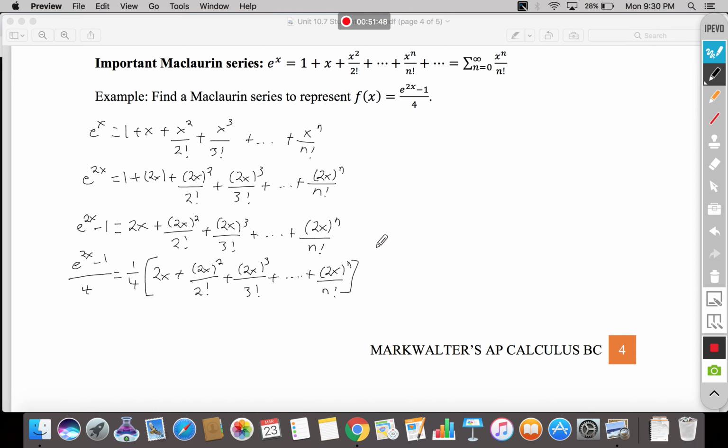All right, that's kind of a funny way to look at that, to have a factor distributed out in front. So let's clean this up, and let me multiply 1/4 into everything.